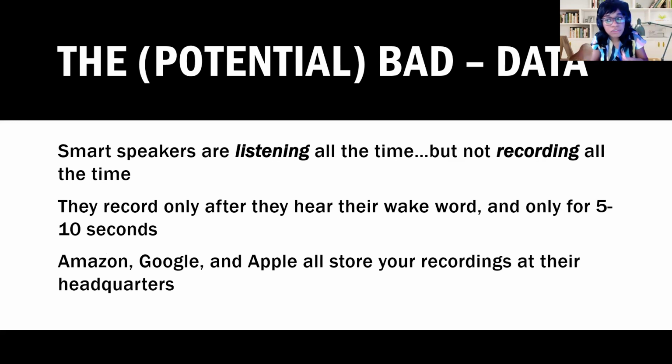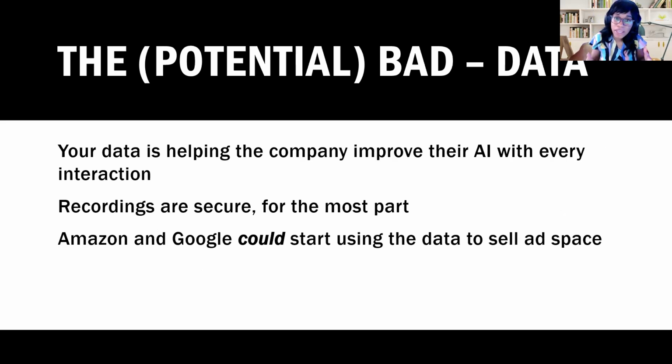Amazon and Google store your recordings alongside your account information, and Apple does store them anonymously. However, they all store all of your recordings at their headquarters. And you may ask, why do they keep your data? They keep it so they can review your interactions to make sure the AI is doing what it should.